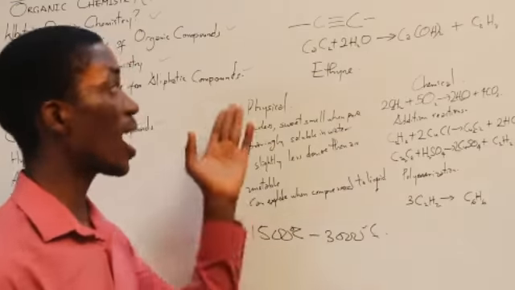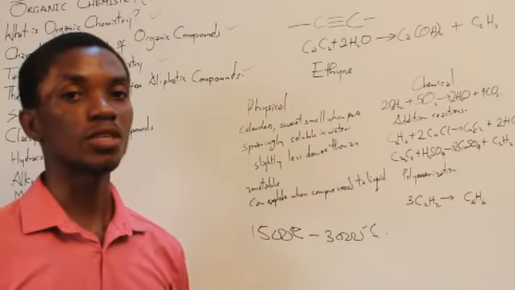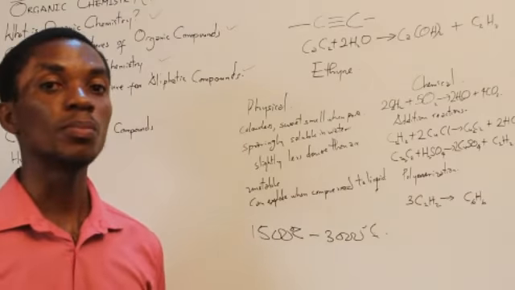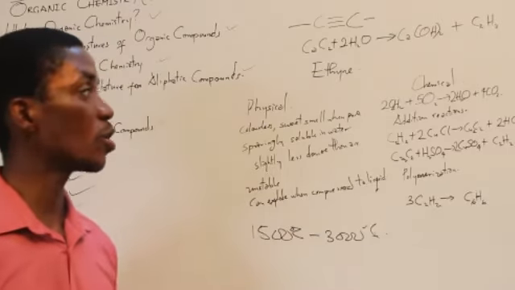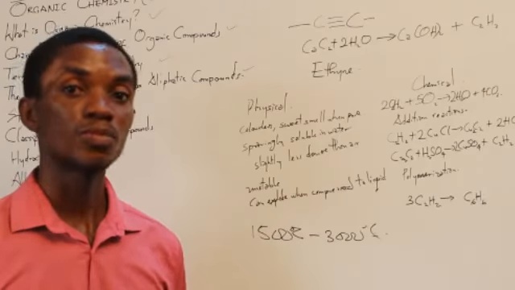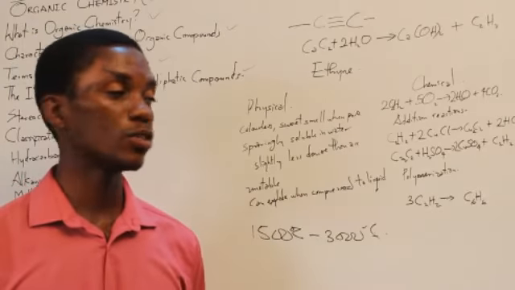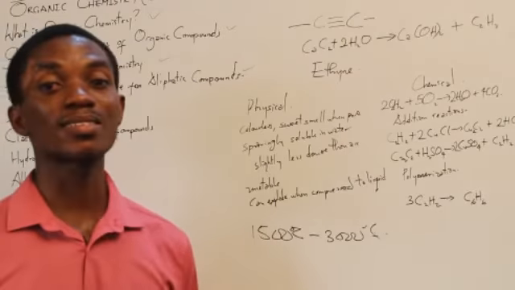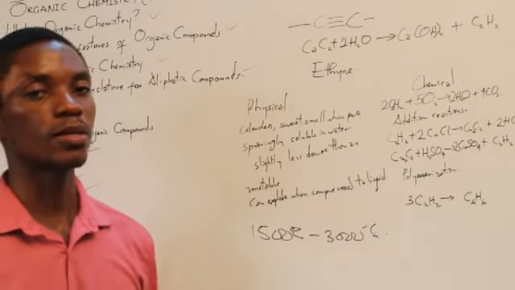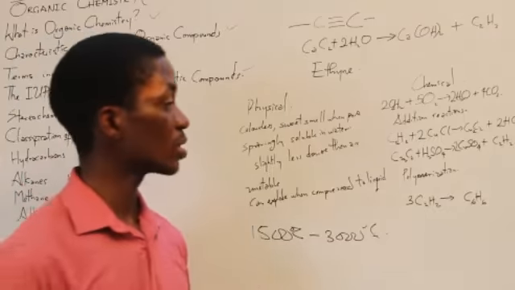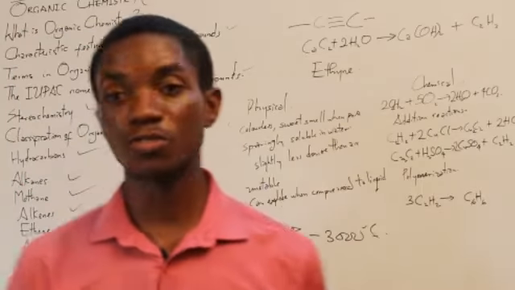That is when your alkynes, let me put it that way, because it's not only ethane that can be polymerized to get some of these substances. When you polymerize your alkyne, you get your rubber, your plastics, even some synthetic fibers. So these are some of the benefits of alkynes.